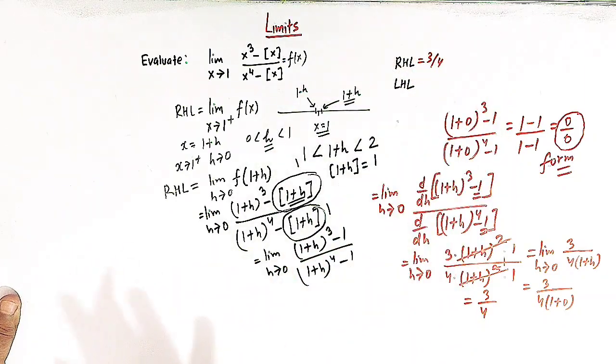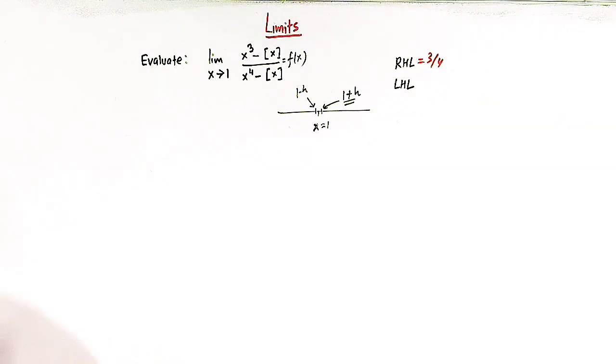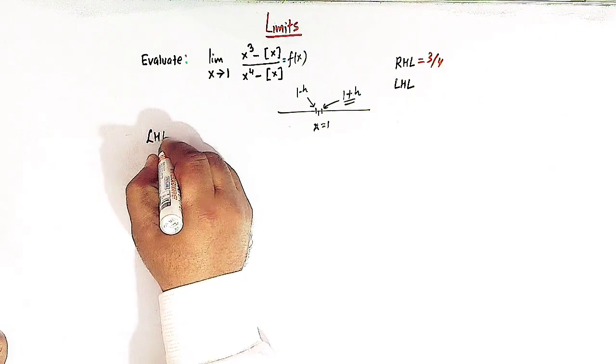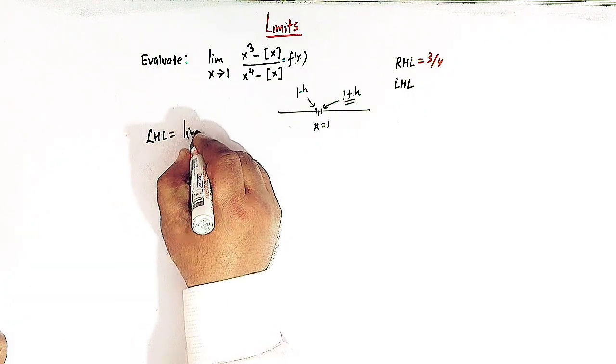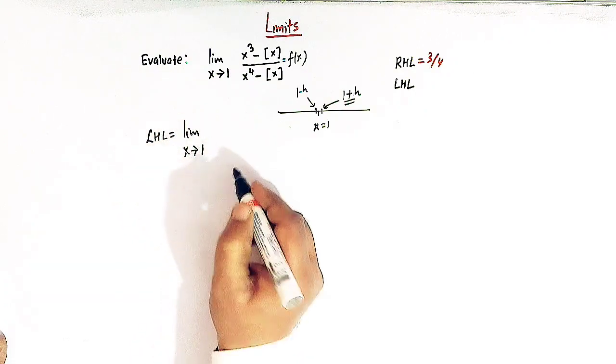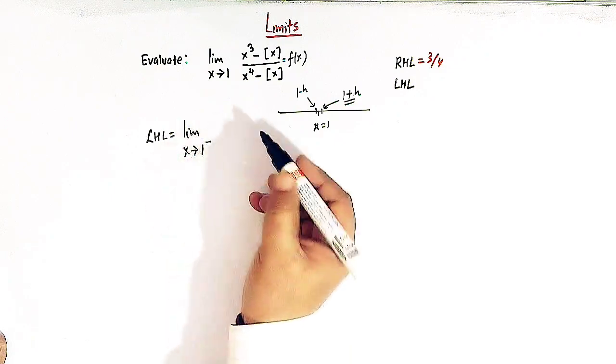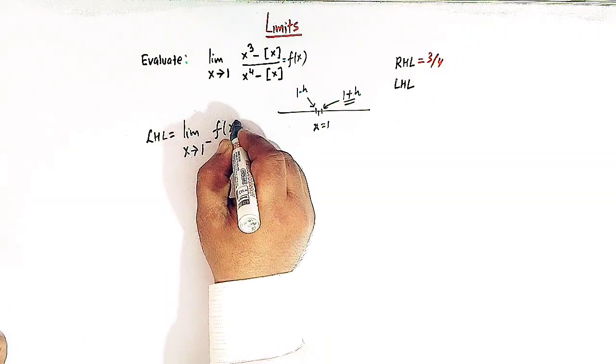So let us find out the left hand limit. The notation for the left hand limit is given by limit x tends to 1 with a negative sign, and we have f of x.